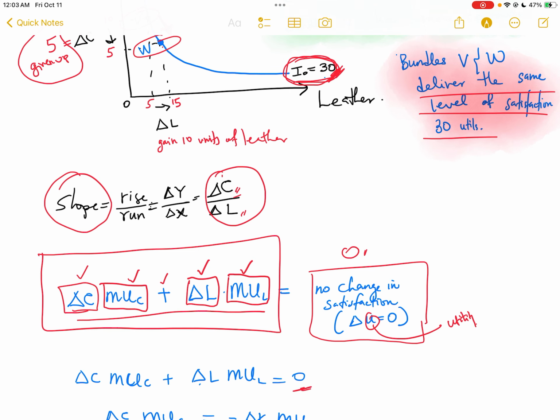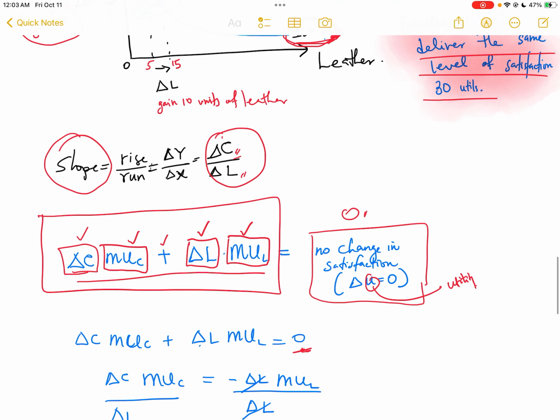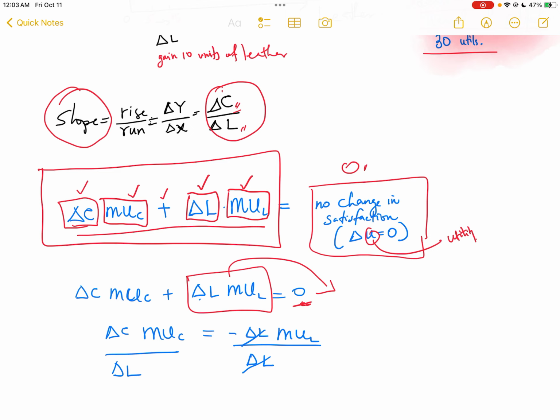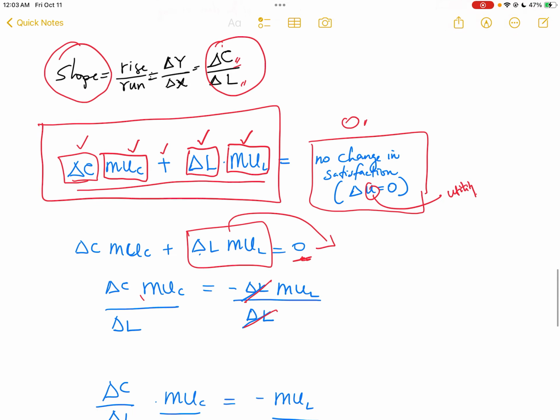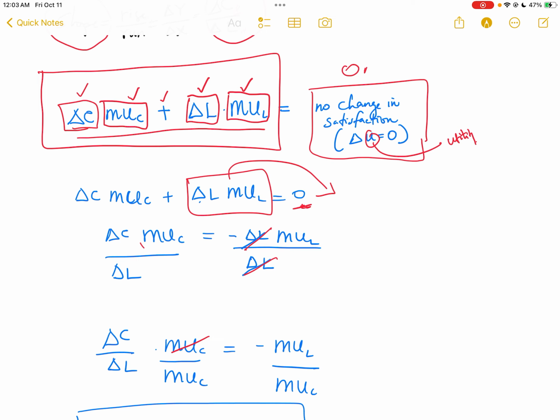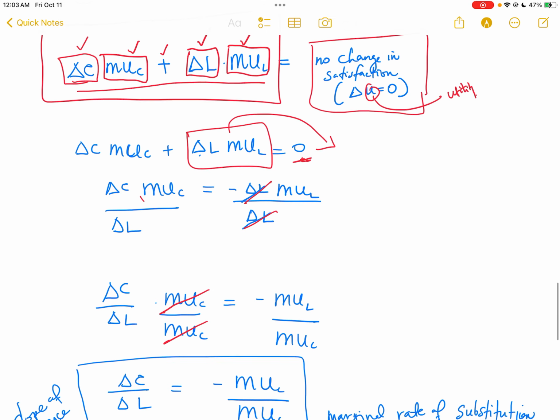So I set all of this equal to 0, like so, and then I move the change in L to the right-hand side, pardon me. And then I divide through by change in L to get rid of this change in L over here. And then I need to divide through by marginal utility of coconut, right? Do you see that? Okay. So I do that to cancel it out.